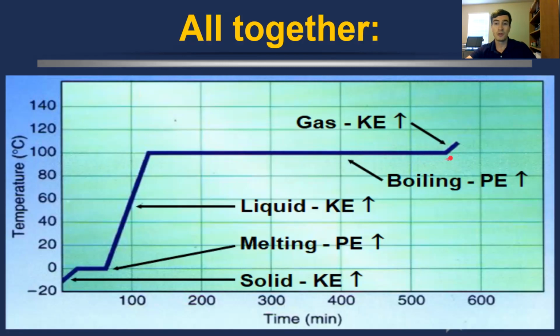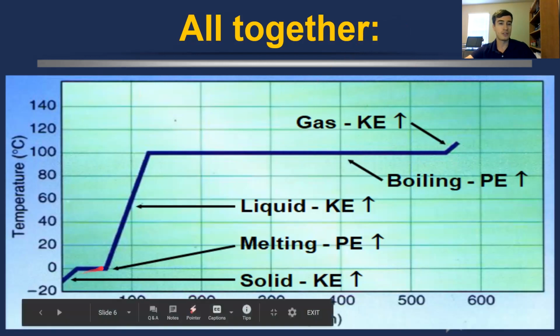Finally, once we've reached the point where the water is all boiled away, the burner on your stove is just going to heat up the water vapor in the air around you, causing that gaseous water to move faster and faster. So that's how these heating curves work.